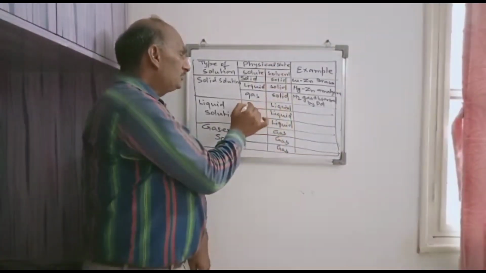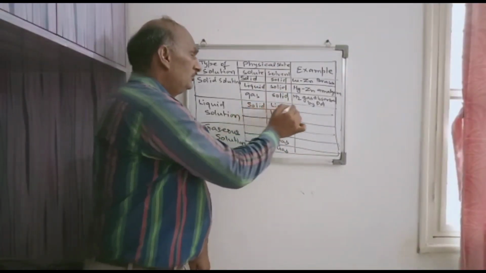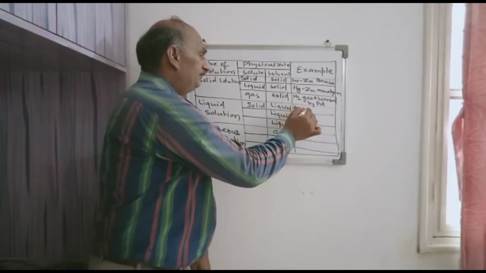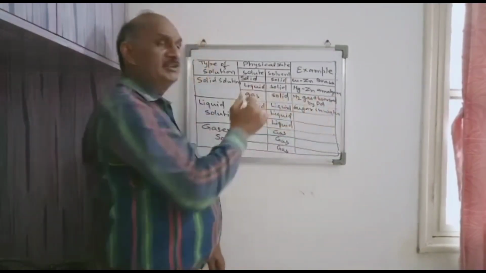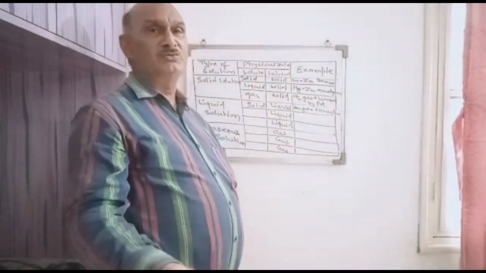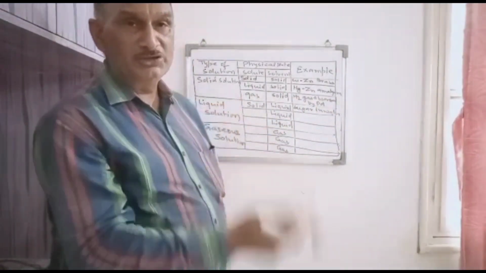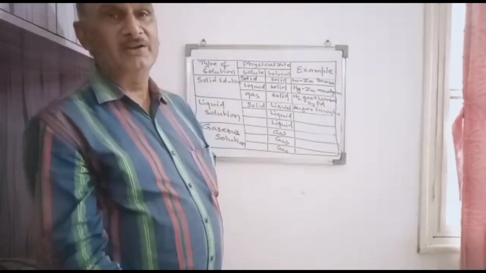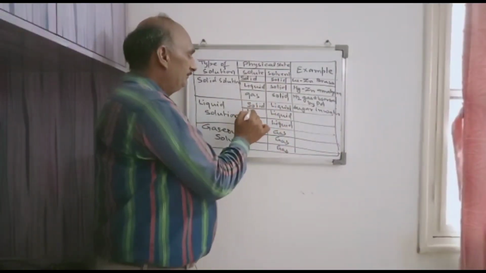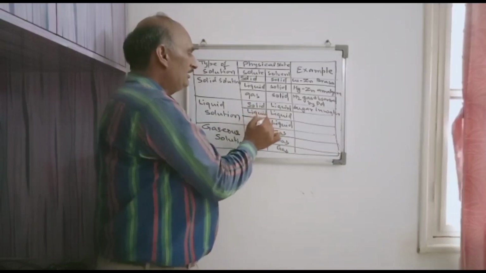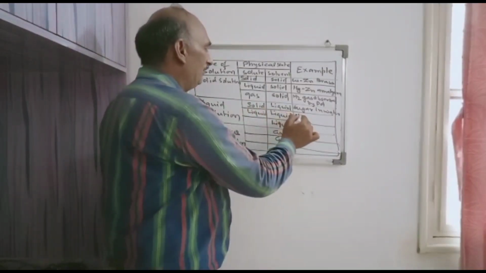Solvent is liquid, solute is solid: sugar in water. A very common example. Sugar added in water gives a sugar solution in which the solute is solid and the solvent is liquid, water. Solvent is liquid, solute is liquid: ethanol in water.